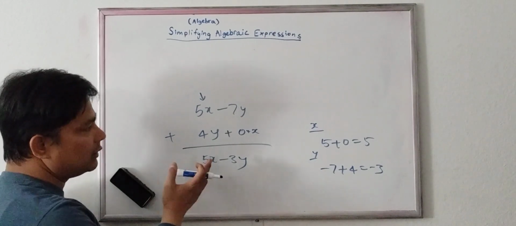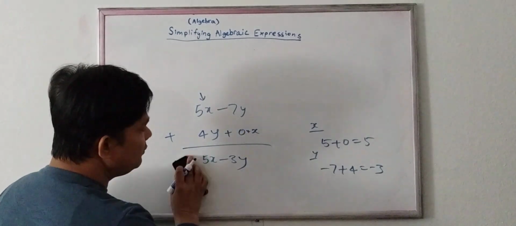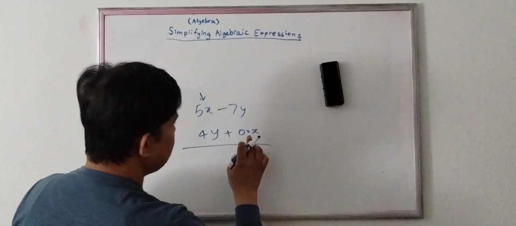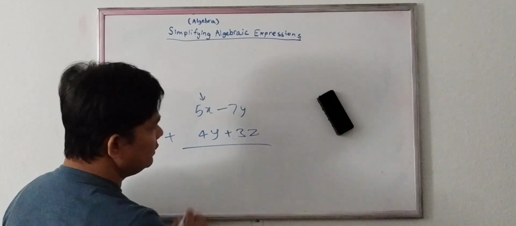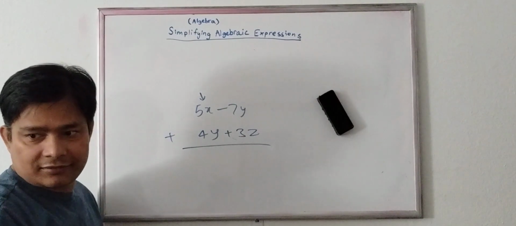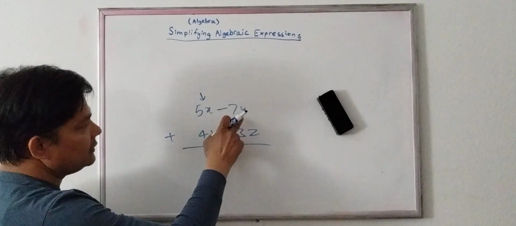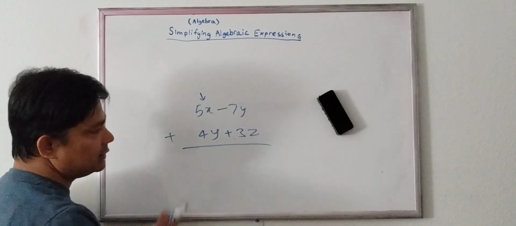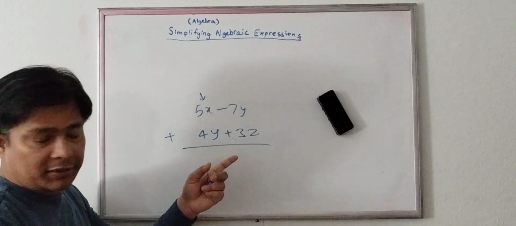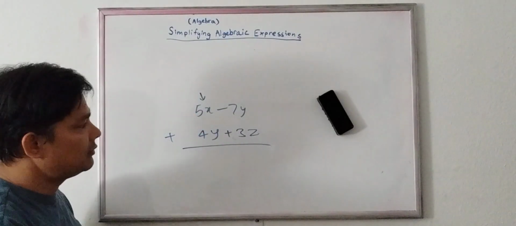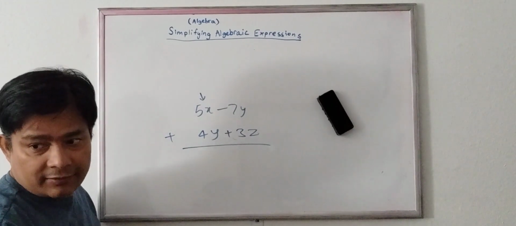It can be like this example, or what if you have extra variables? Let's say 4y and 3z. Here I have 5x and 7y, here I have 4y and 3z. So 3 different variables, but both expressions don't have the same variables.